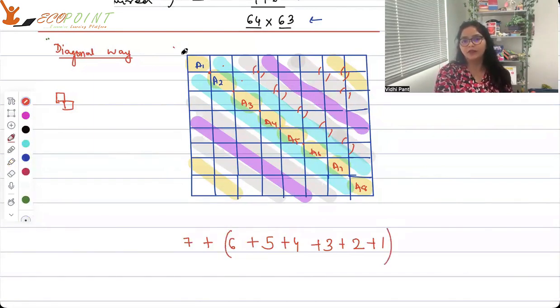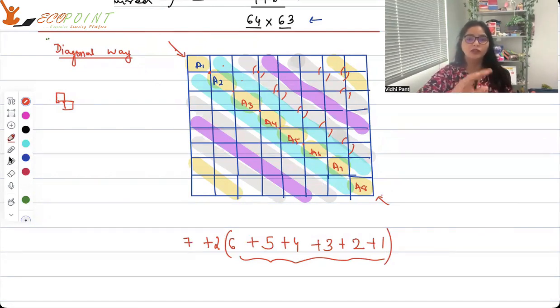So apart from the main diagonal's 7, twice of these many cases are there, when you are going from left to right like this, or up to down like this. But this is not the only way.